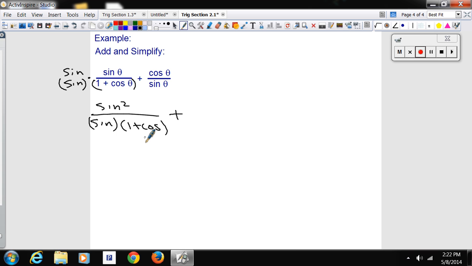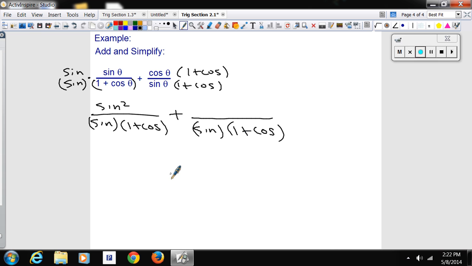Plus, what do I multiply this fraction by to come up with this denominator? 1 plus cosine. So my denominator will be the same, sine times 1 plus cosine. My top number on this side, I'm going to distribute because they're both cosines.